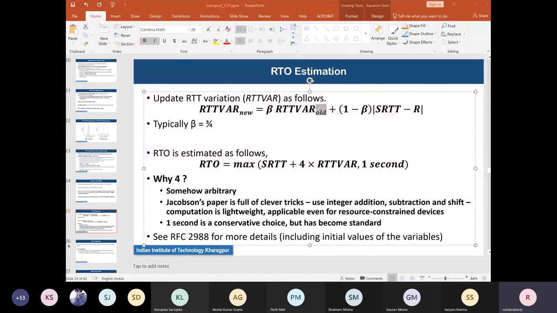Now, there is some history to it. These were proposed by Jacobson in his 1988 paper, and then it became widely deployed. He proposed that our calculation scheme, remember this is 1988, okay?